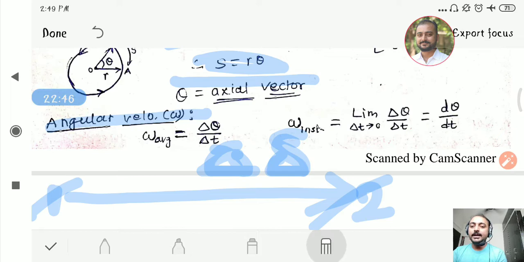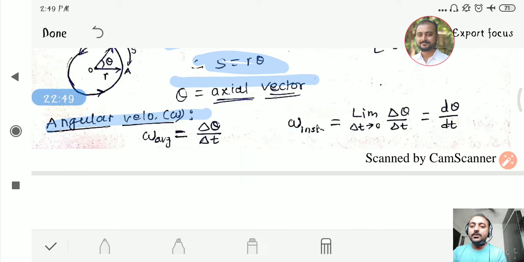And in case of the value at any instant, after 10 minutes, what is the speed of the car? That can be given by the instantaneous value of velocity. We just convert it into angular values.